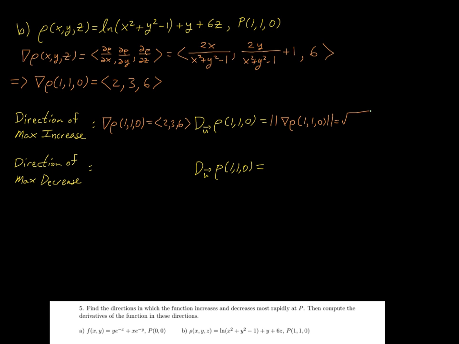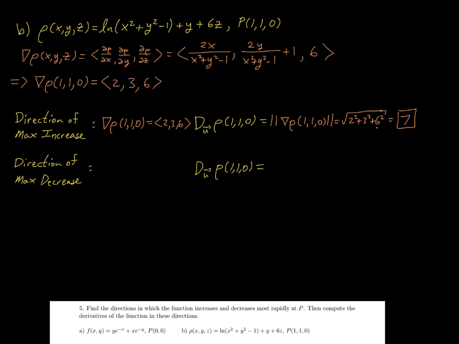So this would be the square root of 2 squared plus 3 squared plus 6 squared. So what do we have here? That's 7, right? It's nice because it's 36 and 4 and 9, so it'd be the square root of 49.